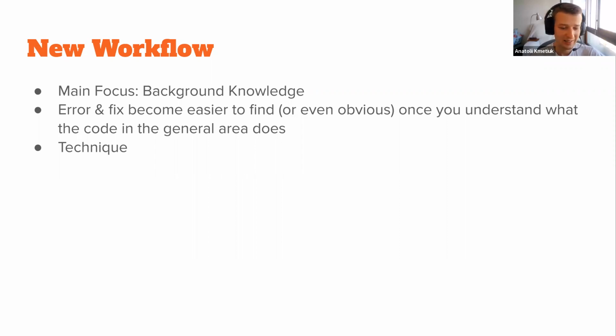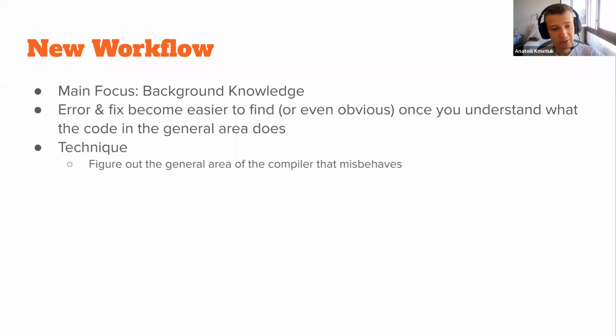I use it whenever I deal with a code base that I haven't seen before, a piece of the compiler that I have no knowledge about. And the question is, how do I establish the knowledge of what it does? The way I do it is as follows.